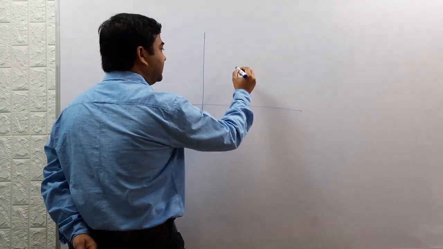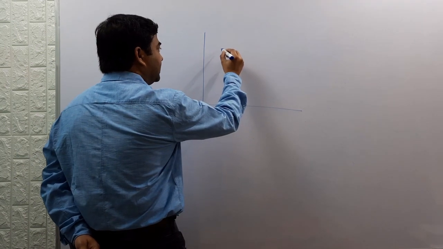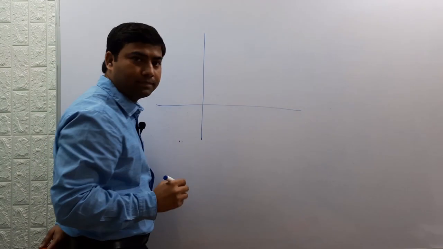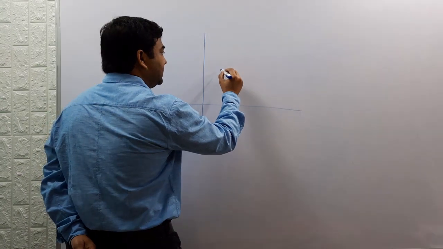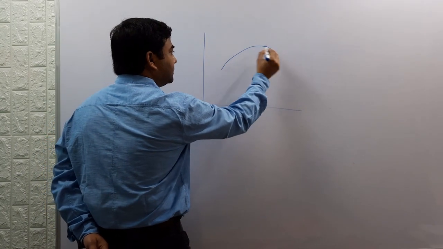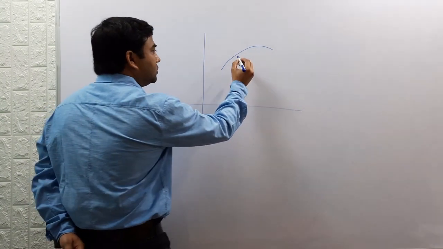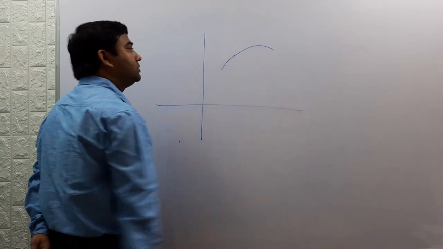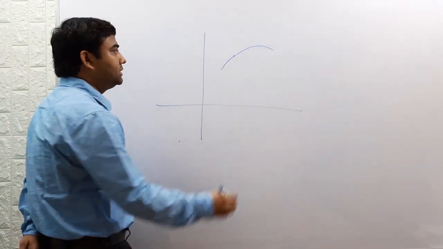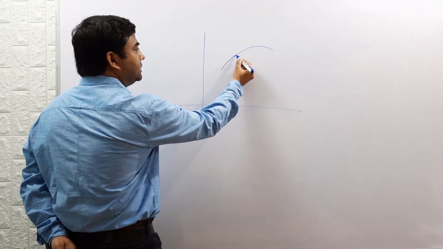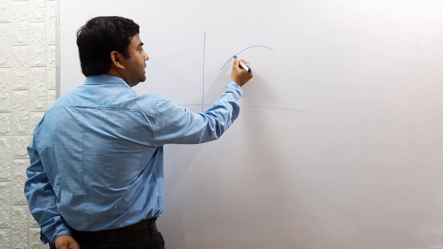You see a function, for an increasing function. Suppose the curve is like this. At this point, if you want to see whether the function is increasing or decreasing, you can see that with the x value increasing, the function is increasing. Here you draw a tangent.